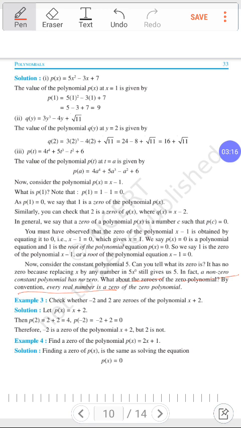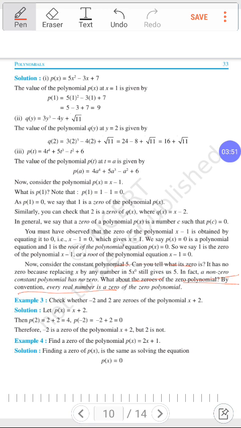Okay, and even we can't write 0 to the power 0, so that is also 1 only. Any number to the power 0 has value 1. So it has been said that there is no zero to a constant polynomial. If it is 5, 7, 9, then it doesn't have any zero. And here comes, in fact, a non-zero constant polynomial has no zero.